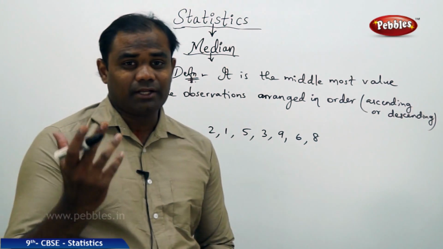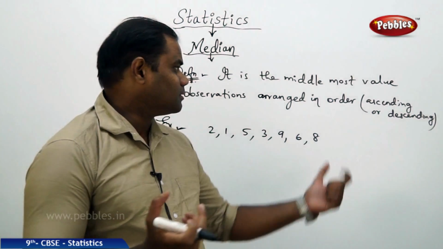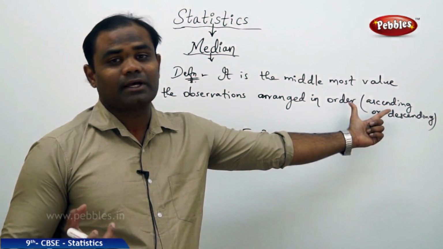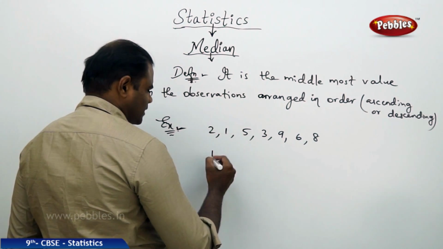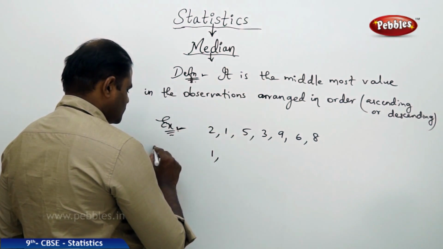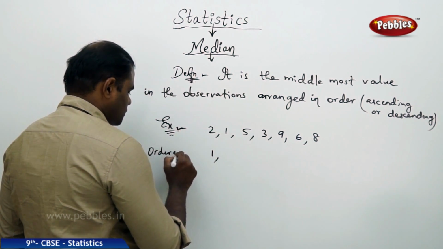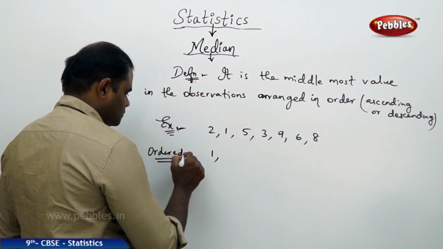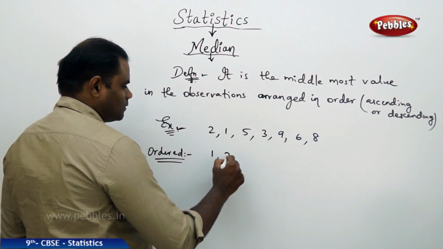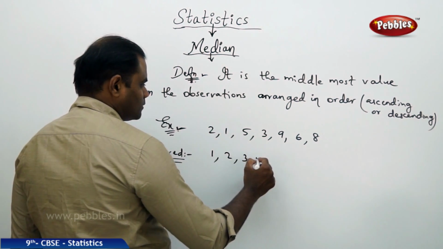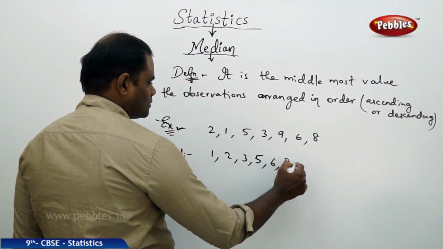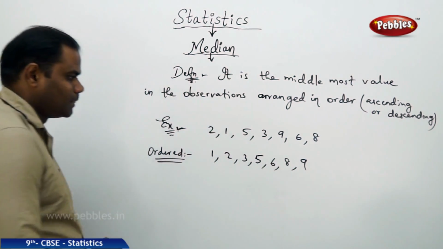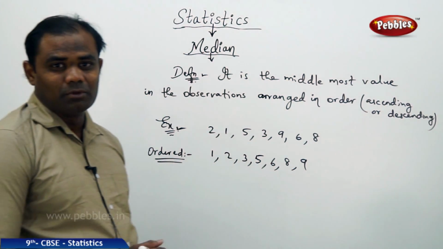So the first thing I do in order to identify median is arrange in ascending or descending order. So let me arrange in ascending order. So when I order it: 1, 2, 3, 5, 6, 8, 9. So how do we pick the middlemost value?